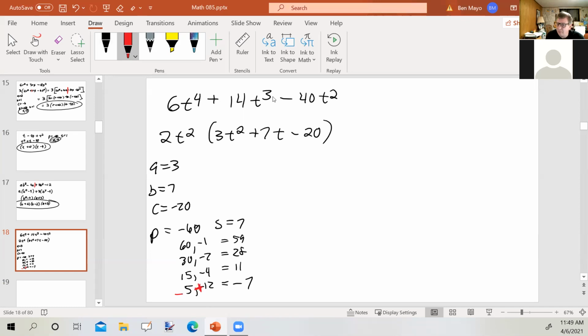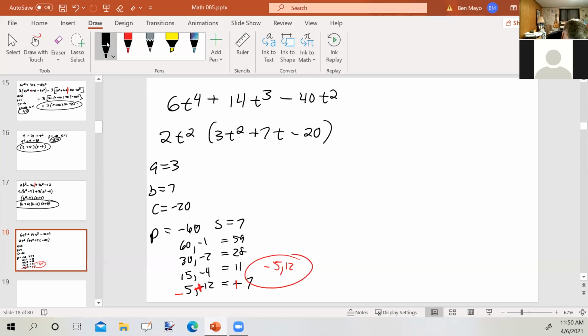Negative 5 and a positive 12 has a product of negative 60 and a sum of positive 7. So my 2 numbers are negative 5 and 12. Now, if you can look at it without doing all that stuff and come up with those numbers in your head, then you don't need to do all this stuff I'm doing here. I'm just trying to give you a way to get there if you're feeling like the deer in the headlights, you know, kind of thing.